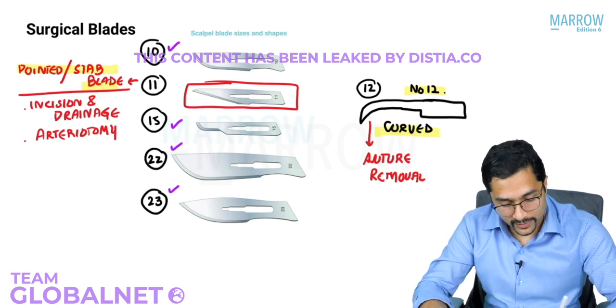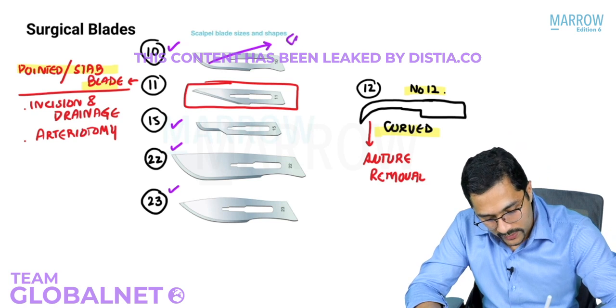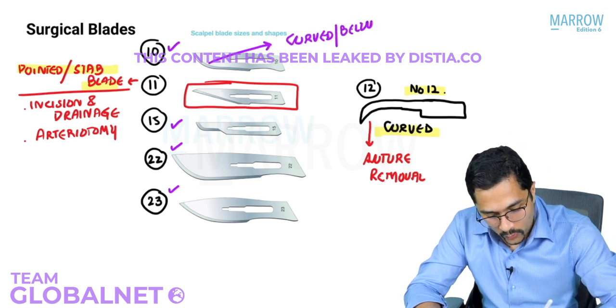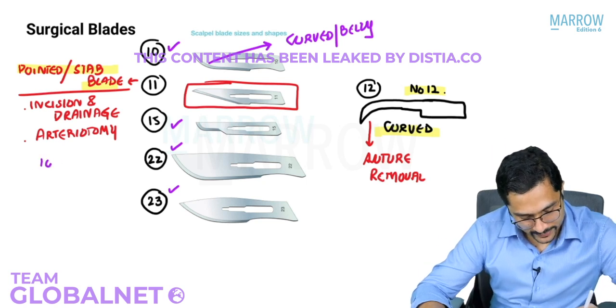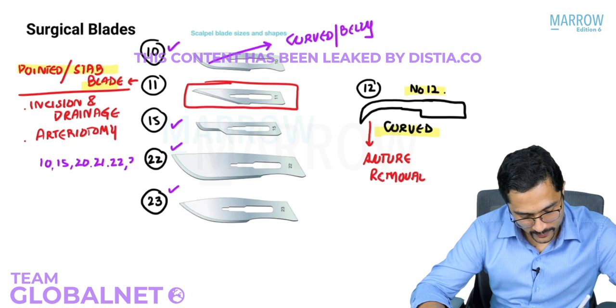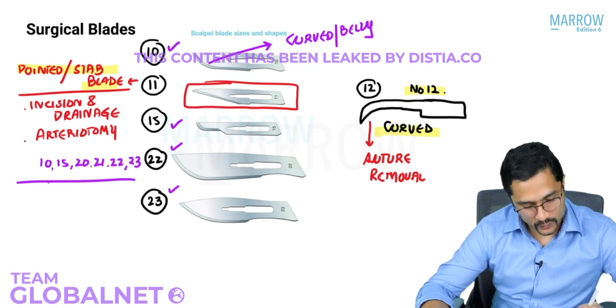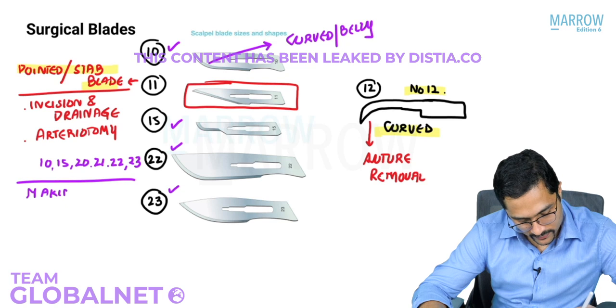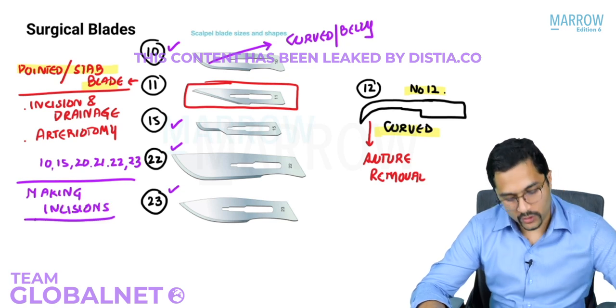They are curved, right? This curved portion of these blades is known as the belly of the blade. And all these blades, that means 10, 15, 20, 21, 22, 23, are all used for making incisions, right? They're all used for making incisions. So that is what you need to remember.